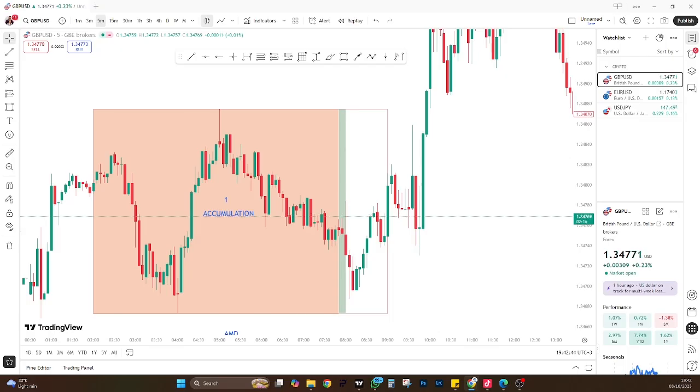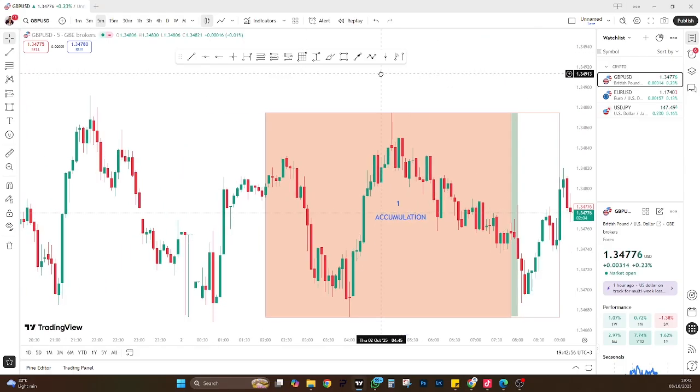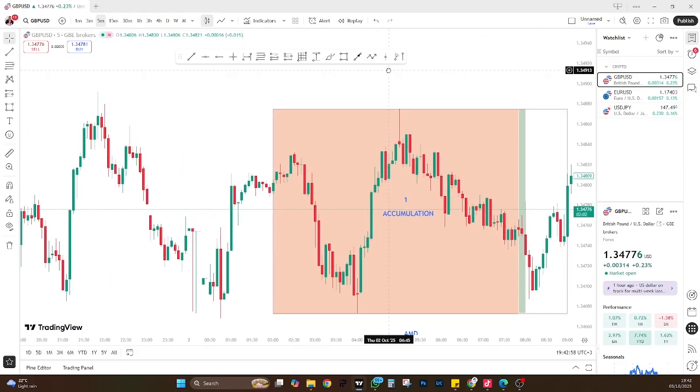We will look for the opposite of that as our bias for the day. Don't be lost. So let's say we don't know what was happening after here. So this is what we know until now. We only know that from 2 a.m. to 9 a.m. that is where the market is. By the way, if you don't see these things, don't trade that day unless you are trading another strategy.